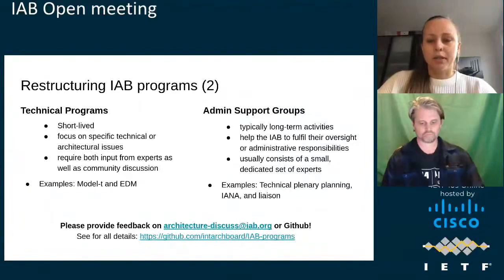So there's a long document on GitHub that you can look at and read and comment on and provide feedback, because maybe we didn't consider everything. We can also take quick questions if you have something that needs clarification, but I think the main discussion should go on the architecture discuss list, or provide direct feedback to the IAB, or open issues at GitHub if you have very concrete proposals.